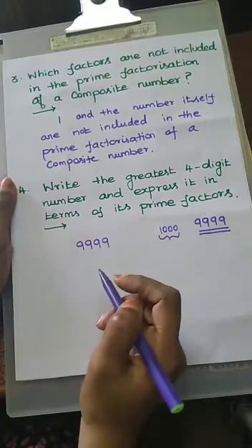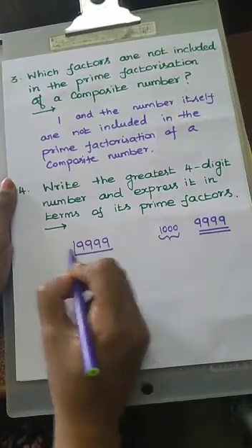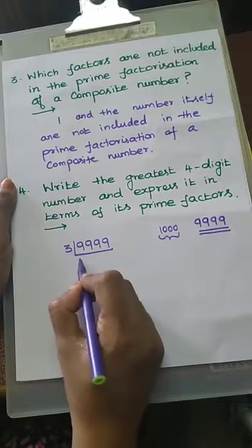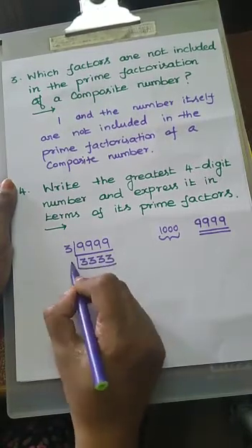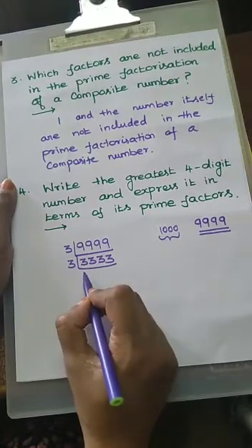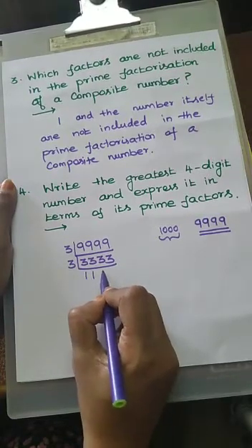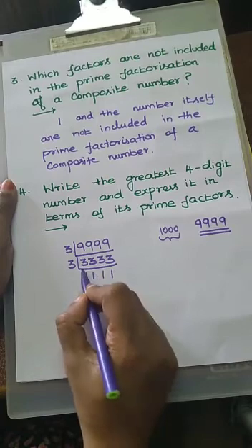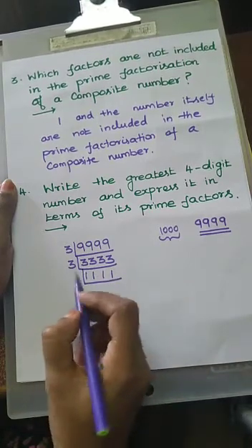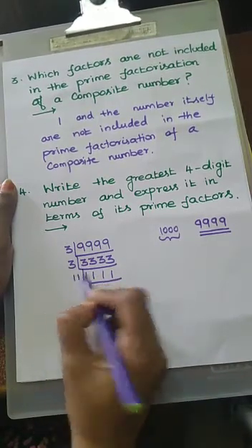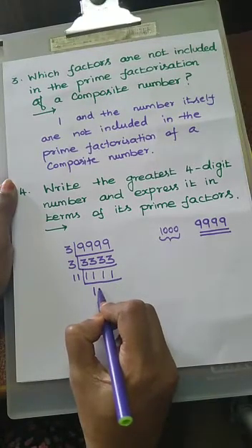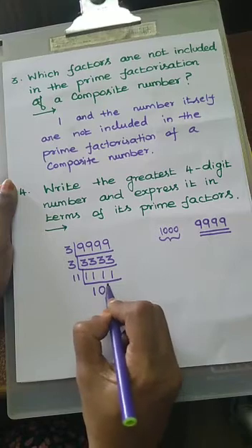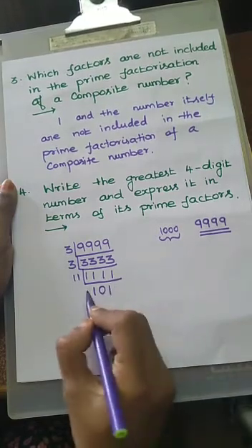Okay. First, we have to choose the first divisor. What is the number? 3. 3 3s are 9, again 3 3s are 9. Next, we have to choose the number 3. Now, we have to choose the number 11. Actually, 11 ones are 11. We can't choose the value directly 1, so we have to add a 0.